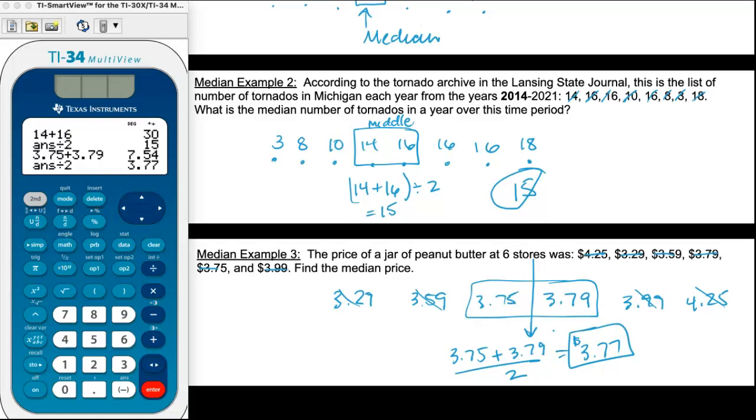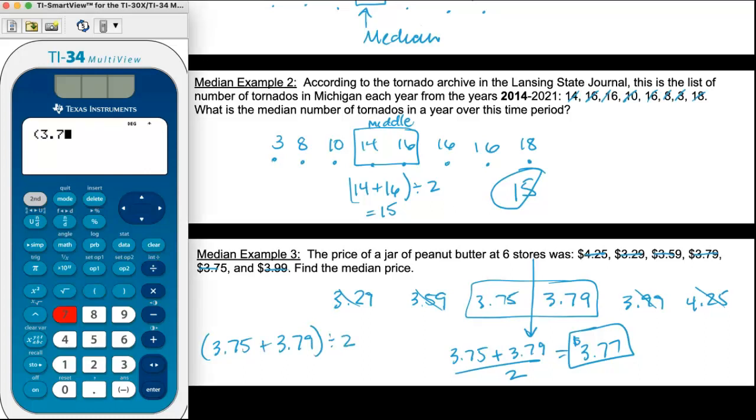And then just real quick, if you decide to enter this or write this horizontally on your paper, just make sure if you want to put this all in one line in your calculator that you throw parentheses around those first 2 numbers. If you don't, then you're going to get the wrong answer. So I'll just show you real quick. 3.75 plus 3.79, and I'm going to put parentheses around those.